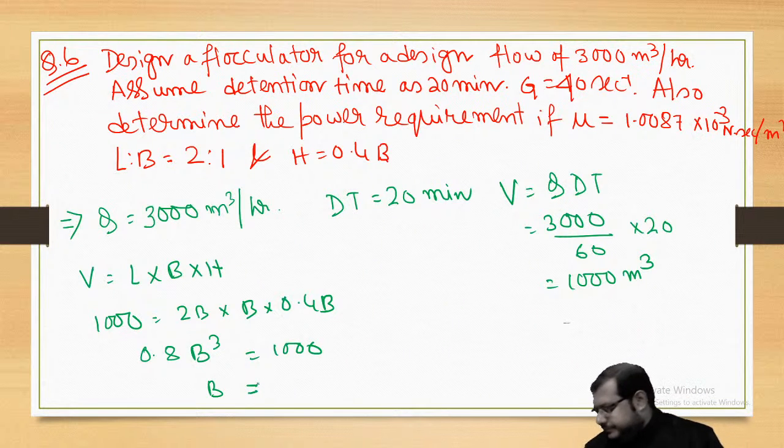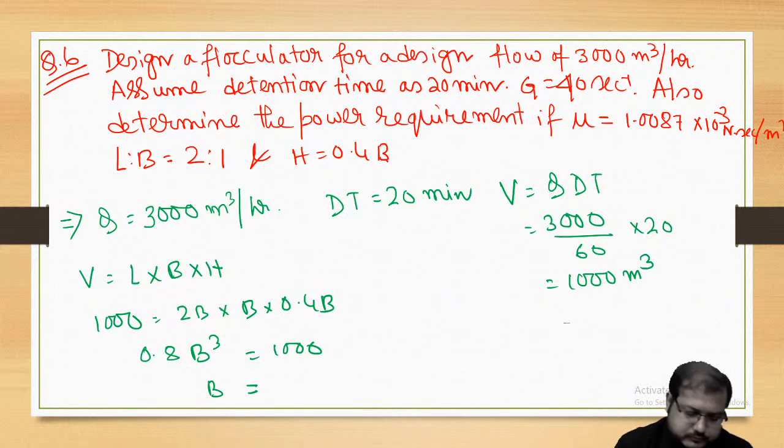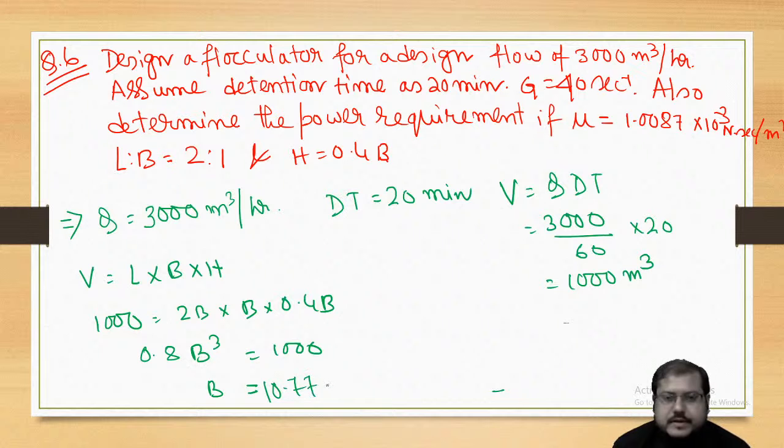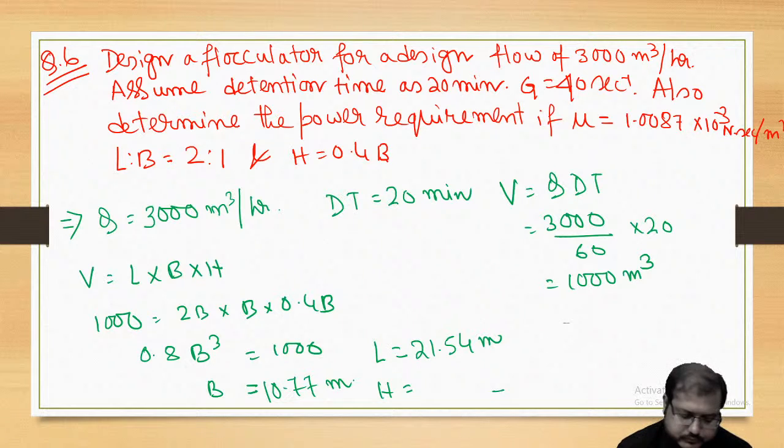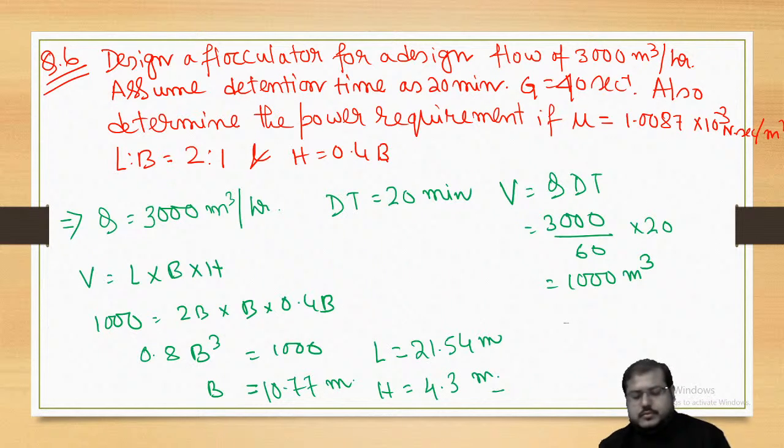So from here, B will be 10.77 meter. So from here, length will be 21.54 meter and height will be 4.3 meter. Okay.